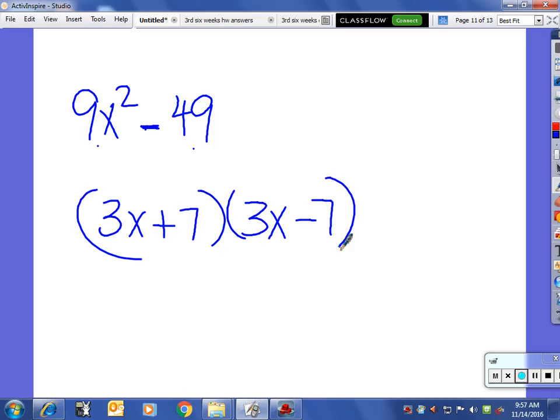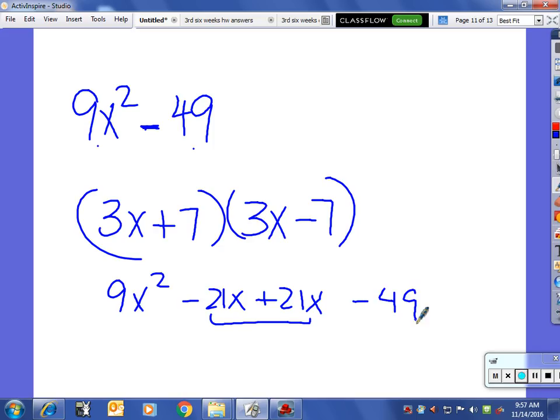Why do I have to have different signs? So the middle will cancel each other out. This would give you back 9x squared minus 21x plus 21x. That's what makes those cancel each other out. And then you would still get that negative 49 on the end. You also need different signs so you can have a negative number at the end. If you had same signs, this wouldn't have been a negative 49. It would have been a positive 49.